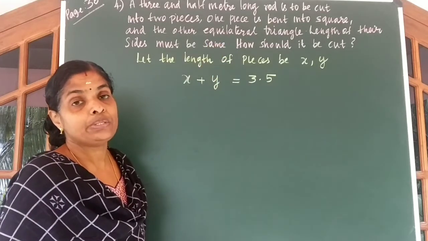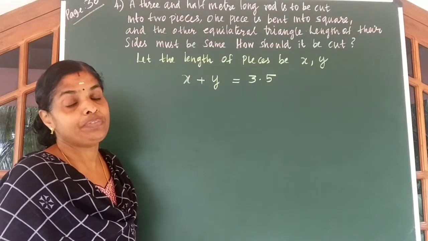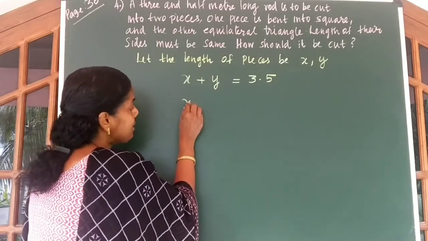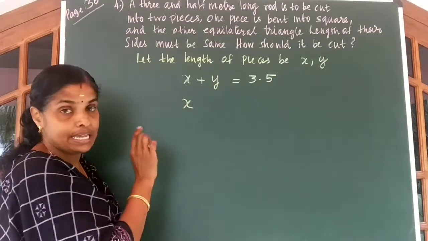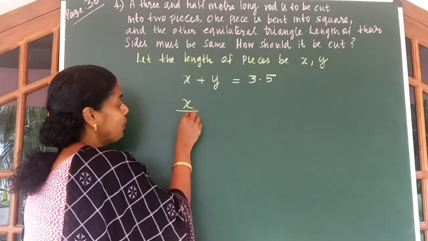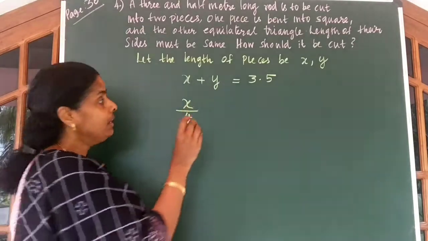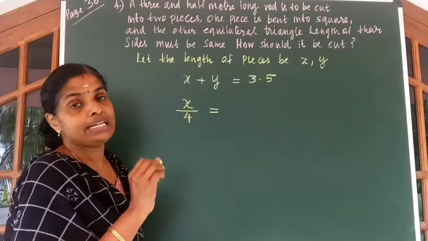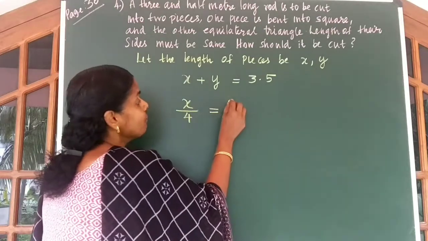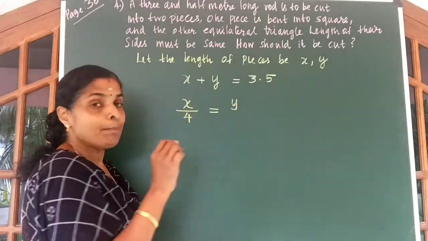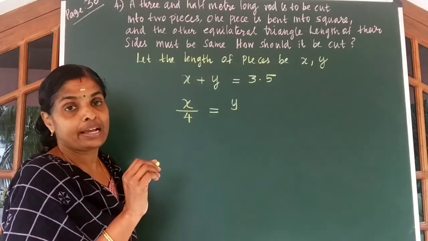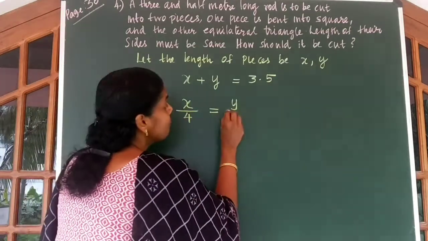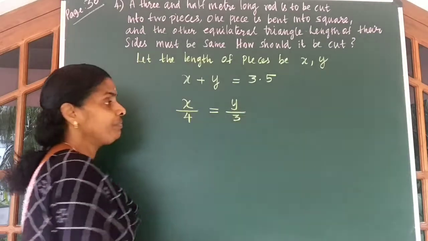Now what can you say about the side of the square? The side of the square would be the perimeter of the square, which is x, divided by 4, is equal to the side of the equilateral triangle. We know y is going to be the perimeter of the equilateral triangle, so each side of the equilateral triangle is y divided by 3.